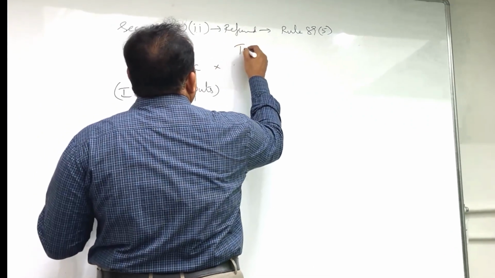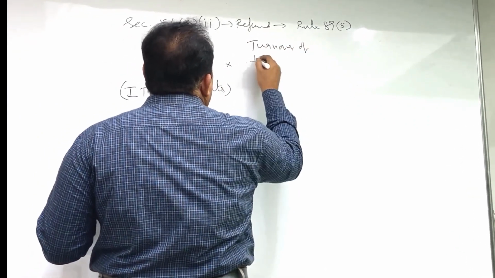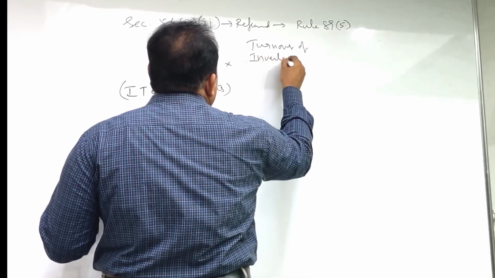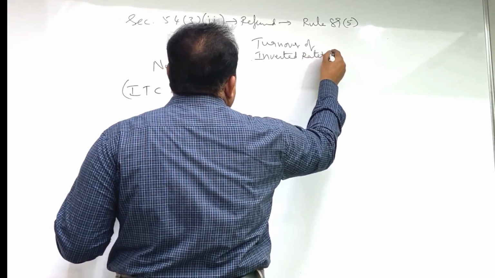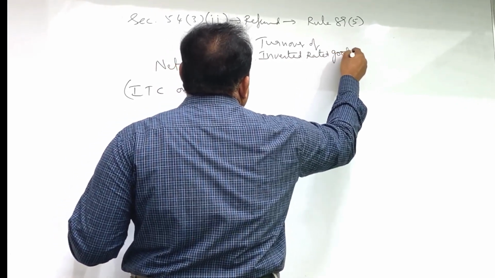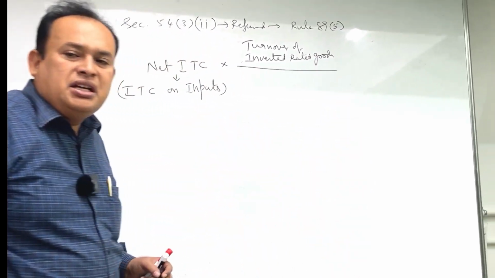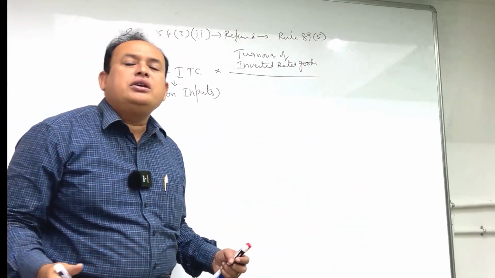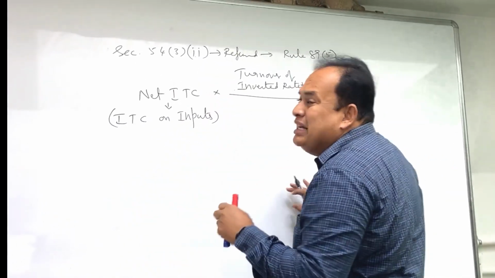Turnover of inverted rated goods only I will mention. The formula says services, but for services they are yet to notify. Therefore, only goods. Turnover of inverted rate supply means what?